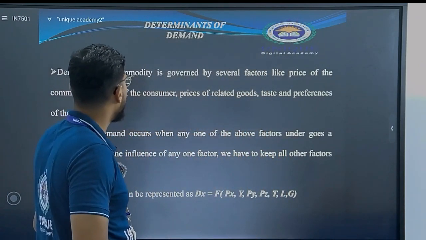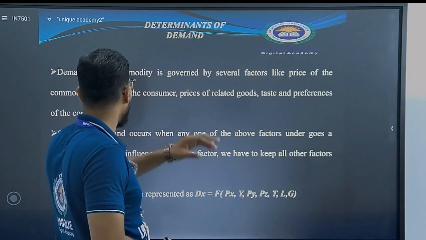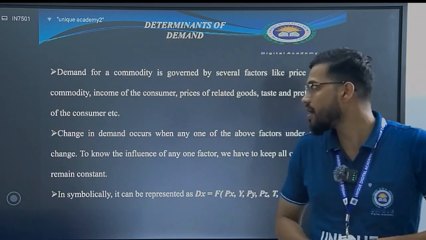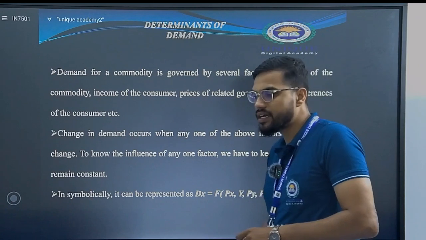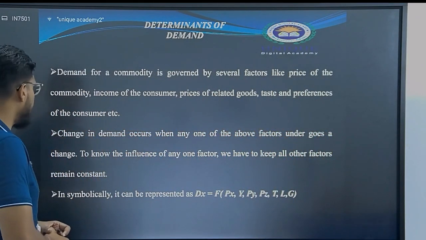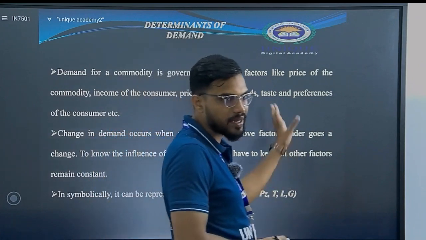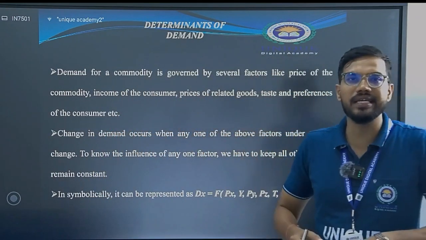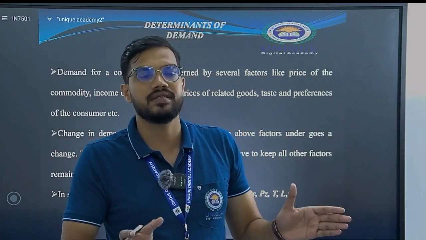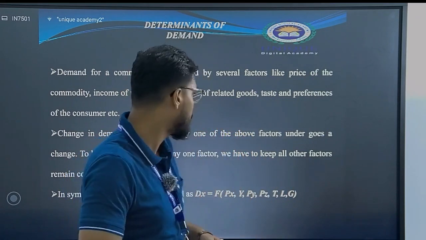Determinants of demand. The demand for a commodity is governed by several factors like price of the commodity, income of the consumer, price of related goods, taste and preferences of the consumers. Apart from that, climatic conditions, government policies and population also affect the demand for a product.